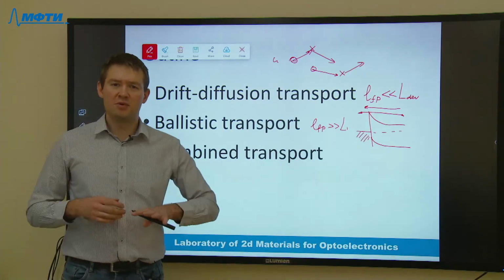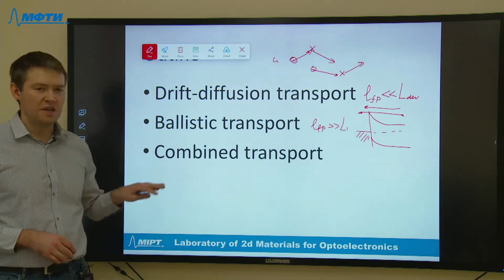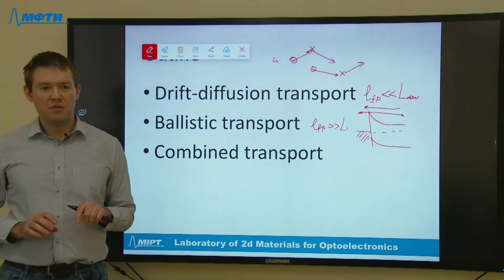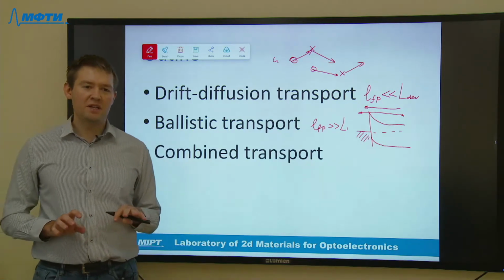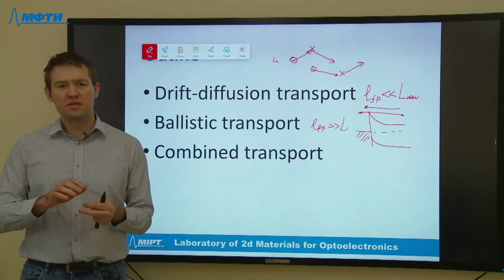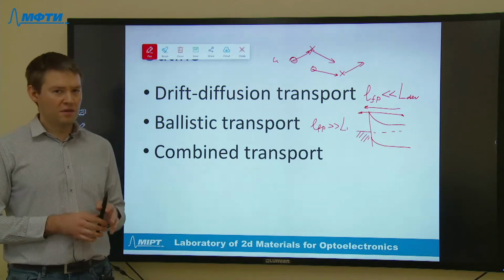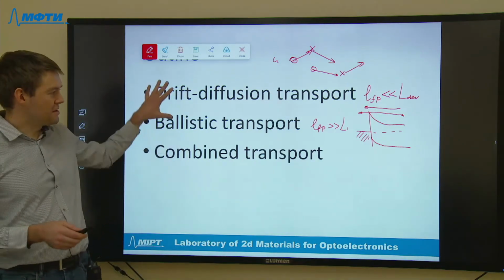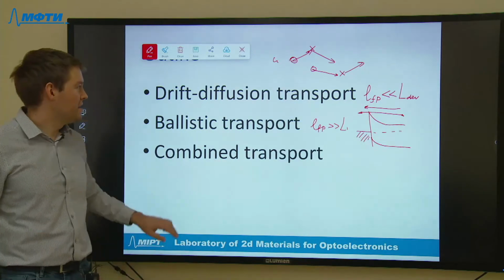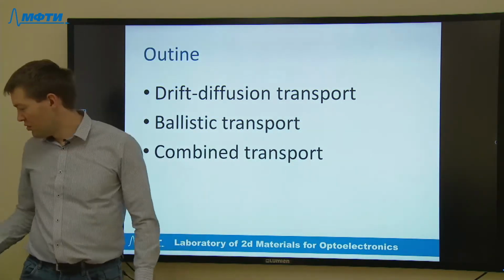But what is conceptually important is that we will illustrate two approaches to the calculation of transport, and these two approaches will be applicable in many different situations, in many other devices, like transistors, PN diodes, probably solar cells. You can also describe other devices with these two approaches, depending on the ratio of free path and device length. So let's move on.